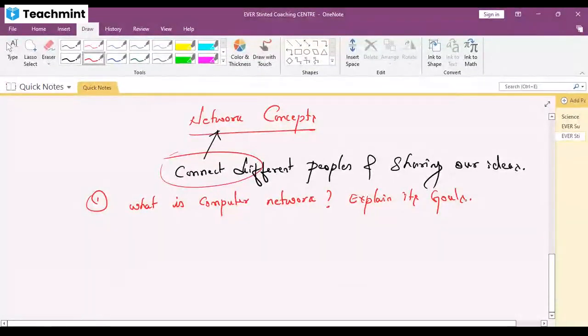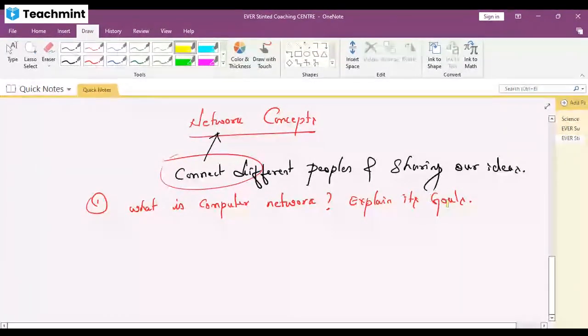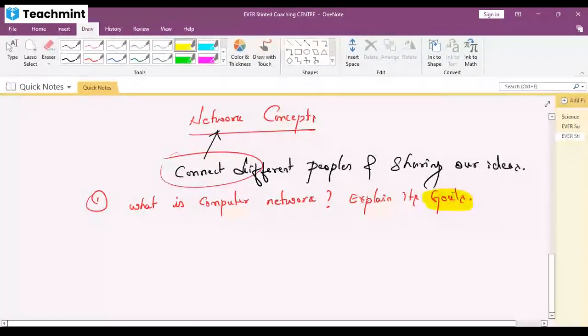What is the goal of that? The meaning of goal is why we are creating the network. What is the aim? What is the purpose? We are creating this network between computers. What is the need of creating network?